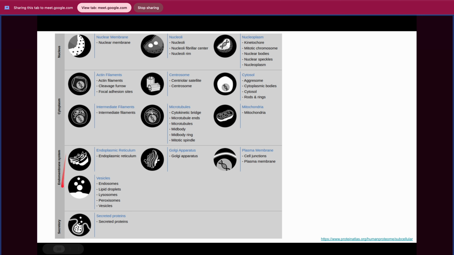When we talk about endomembrane systems, the categories are endoplasmic reticulum, Golgi apparatus, plasma membrane, vesicles. And in secretory, secreted protein information will be available. If you're interested in any of these sections or compartments, you can simply click on these light blue colored names, and they will take you to all the proteins which are expressed in, for example, the nuclear membrane.